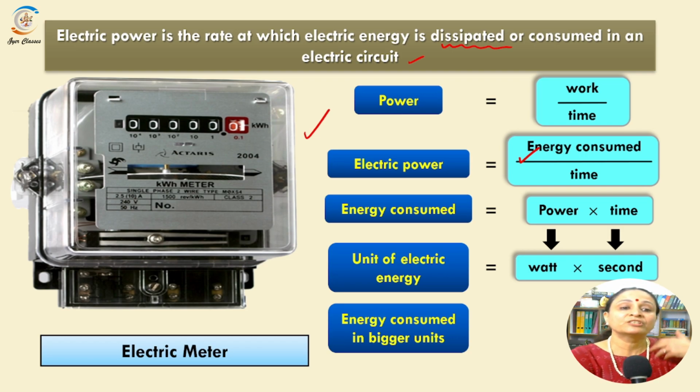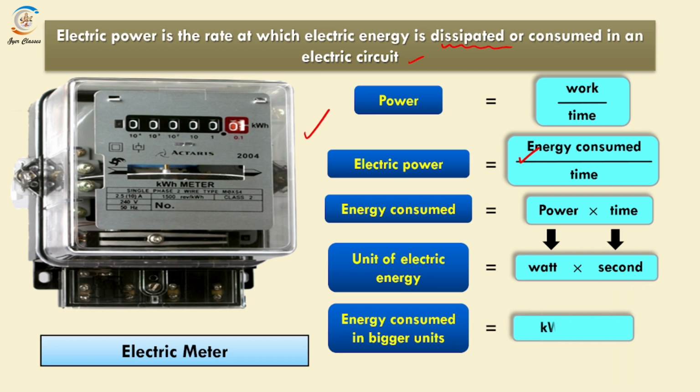We need something which is a bigger value of the energy consumed, and that is given as kilowatt hour, which is 1 kilowatt of power multiplied by 1 hour. If you write it together, it is kilowatt hour. That is called 1 unit of electric energy consumed.